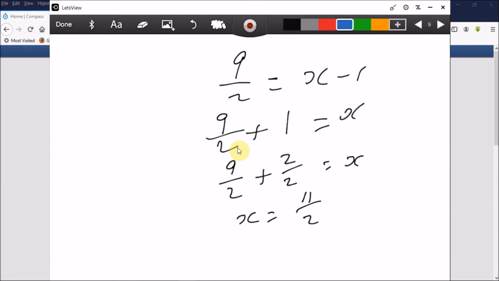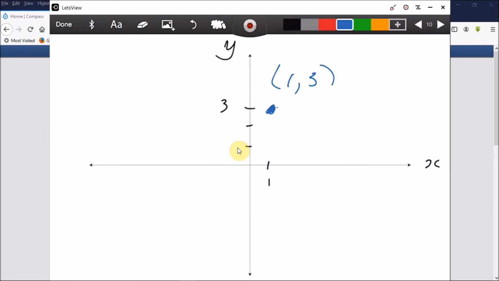Now 11 over 2 is 5.5. So that's over here somewhere. 2, 3, oops, wrong colour. 2, 3, 4, 5, 6. So our intercept is there at 11 over 2 and 0. And so our square root graph goes something like that. All right. So that took care of itself.